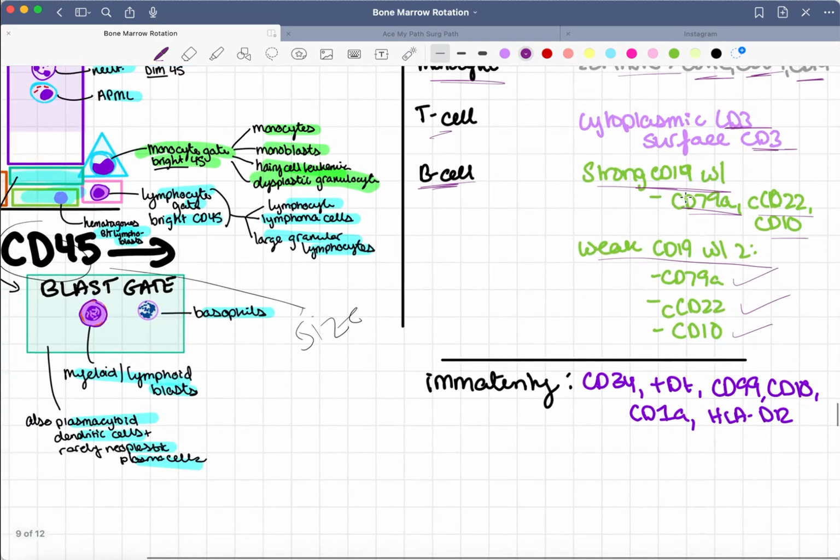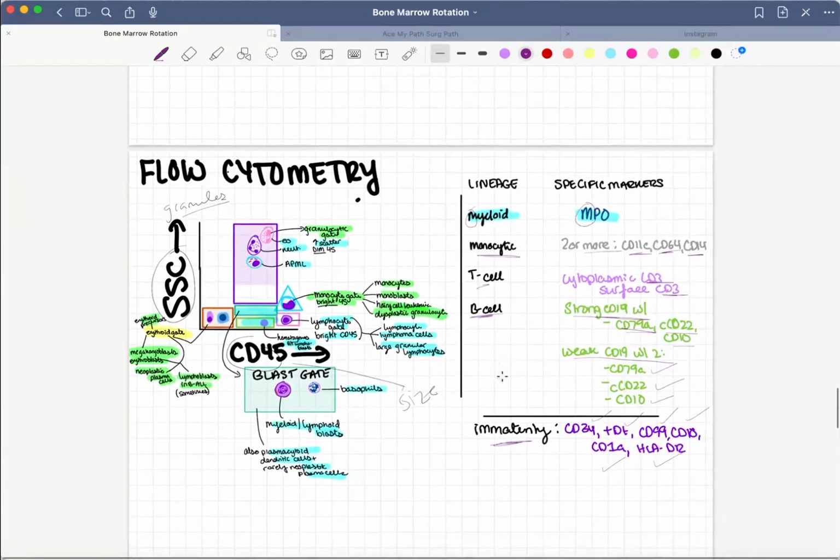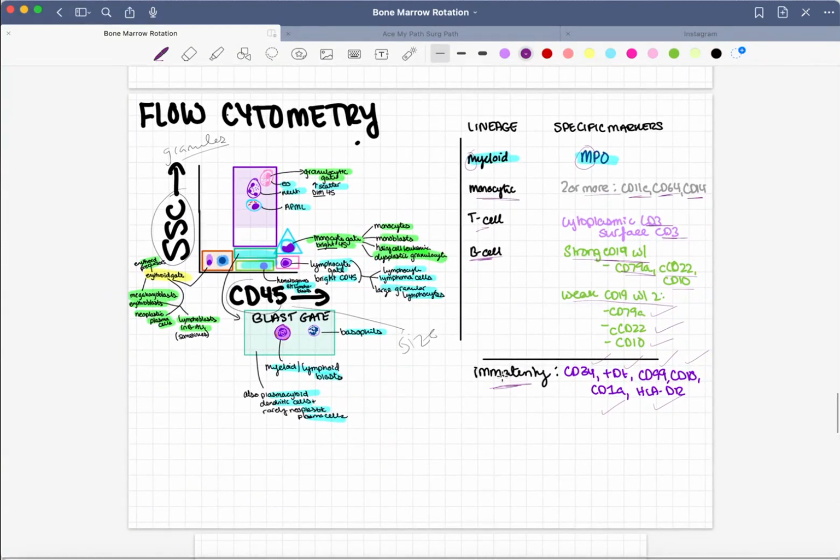And some important markers of immaturity are going to be listed here. So we have CD34, TDT, CD99, CD10, CD1A, and HLA-DR. And you will certainly become familiar with all of these markers as you go along your heme path rotations.